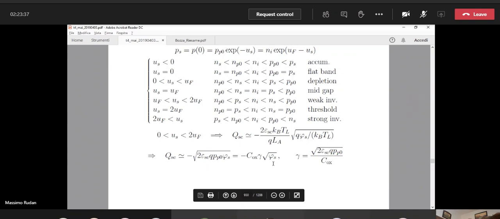Okay, so we make a replacement such that in mid-gap depletion and weak inversion conditions, the charge in the semiconductor is essentially proportional to the square root of the surface potential, and the constant is minus Cox gamma. Okay?